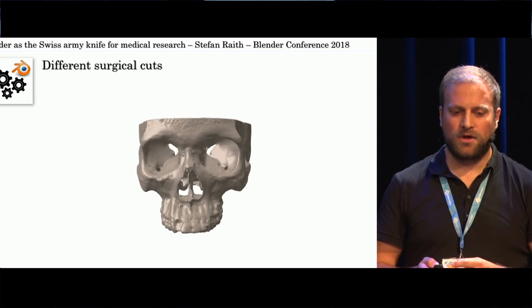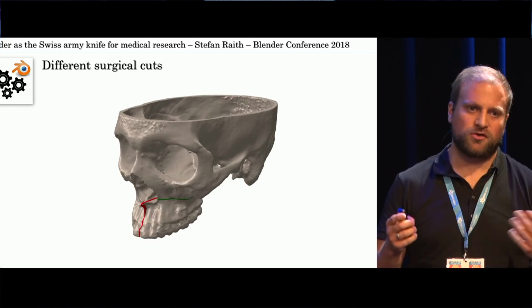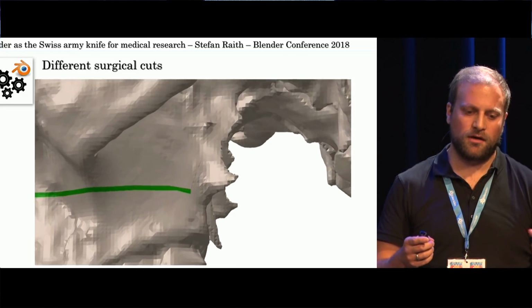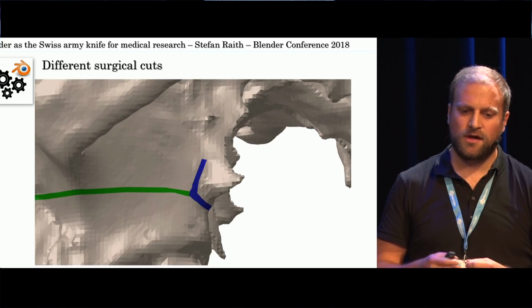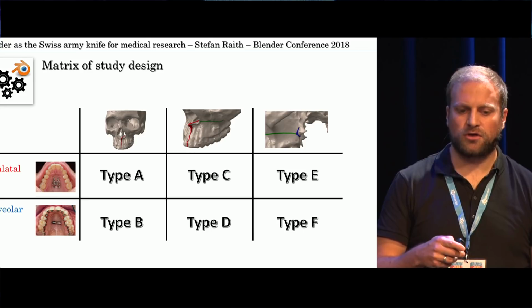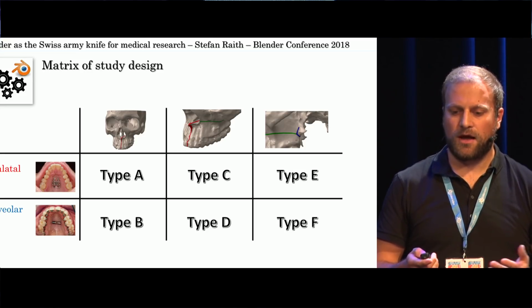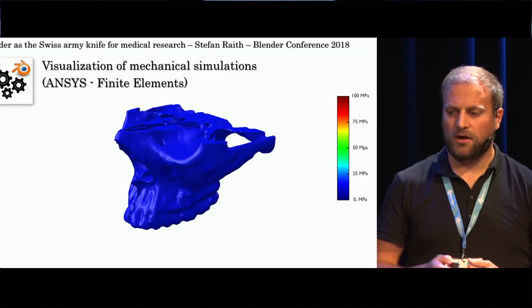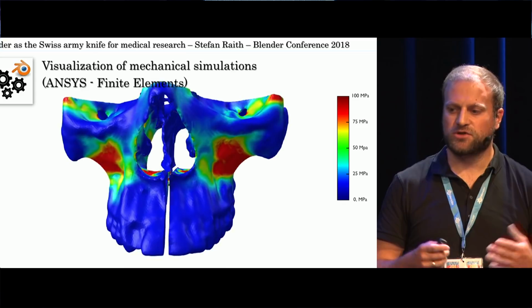And then we have the surgical cuts as visualized here. They are also introduced in Blender by Boolean operation with plates that have a defined thickness. And like this, we could design 3 different surgical alternatives combined with 2 different distractors. And that now allows us to perform the simulations to visualize the results.